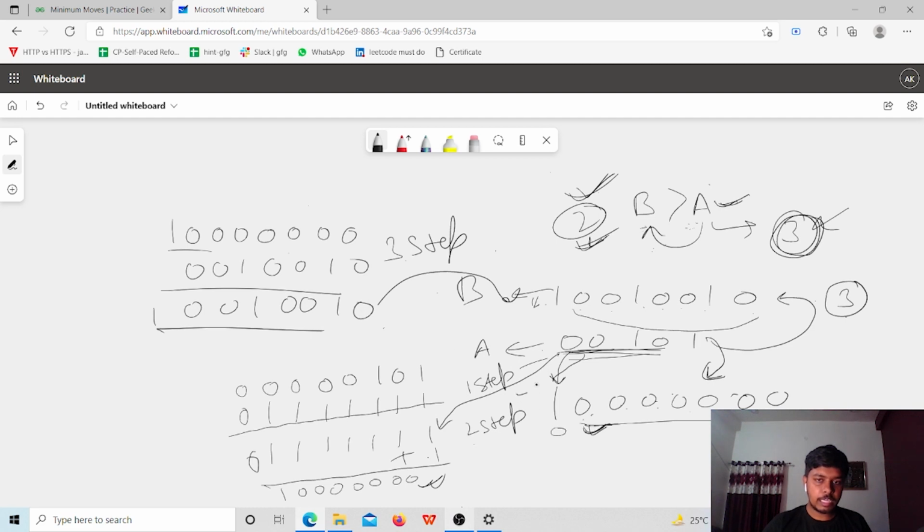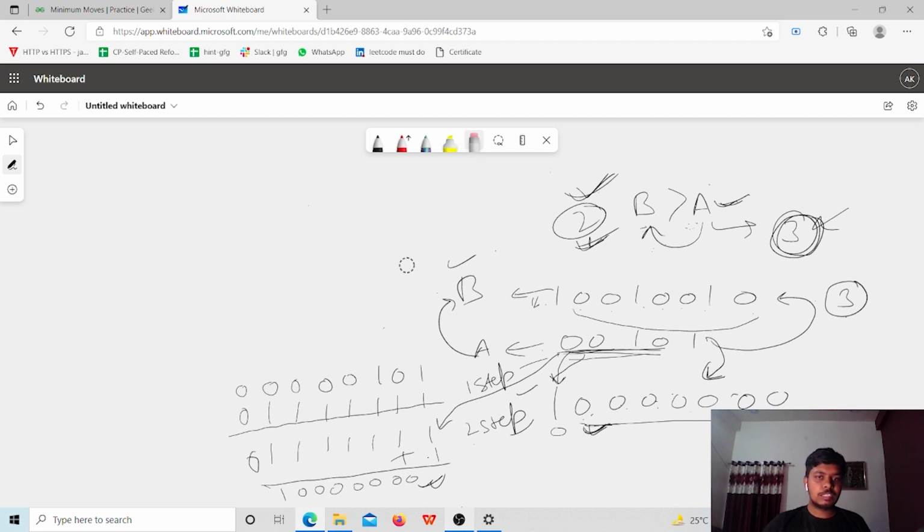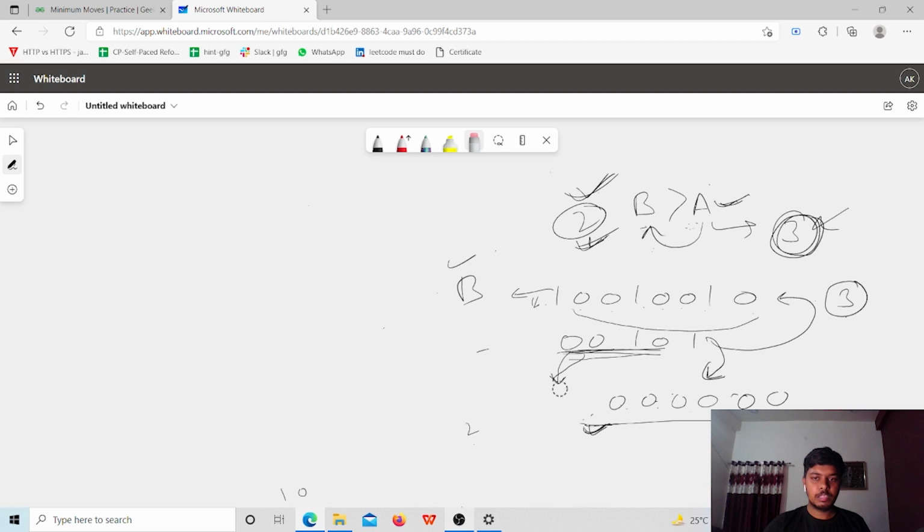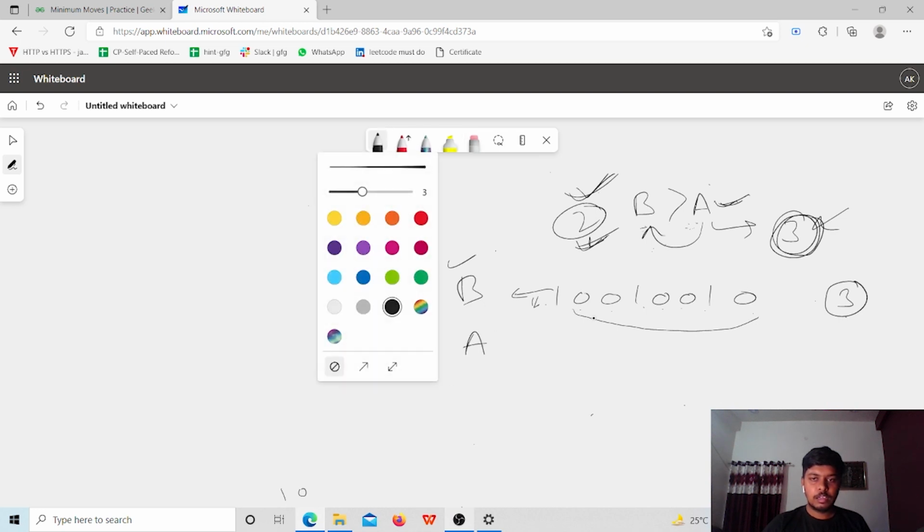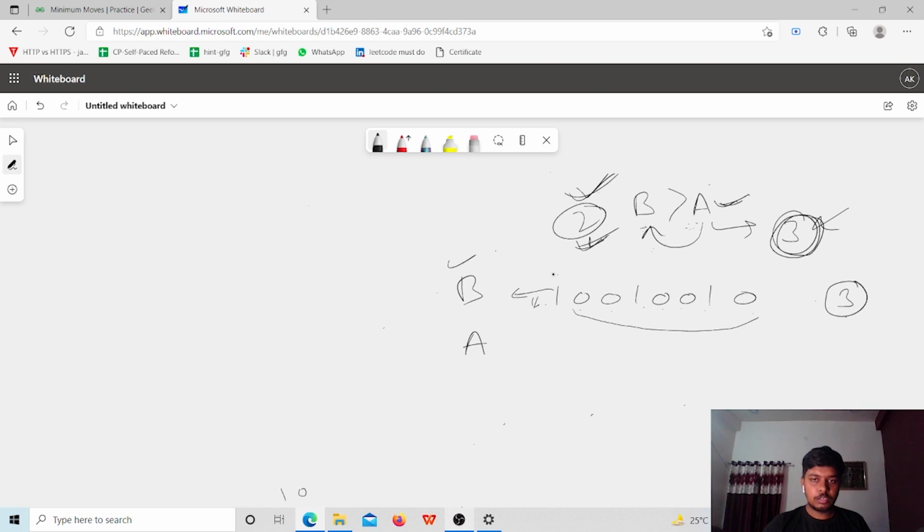As you can see, I have converted A into B in three steps. You can use the same technique to convert any number into B, only in three steps. How? You just have to create a number: you take the most significant bit of B, and that number you make from A. So you will make 1000000 initially from A, where A can be anything.